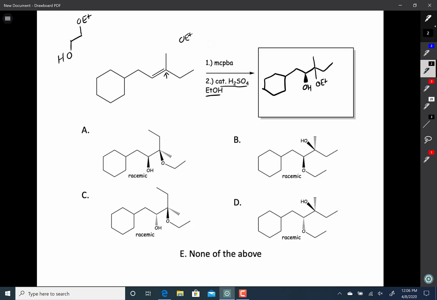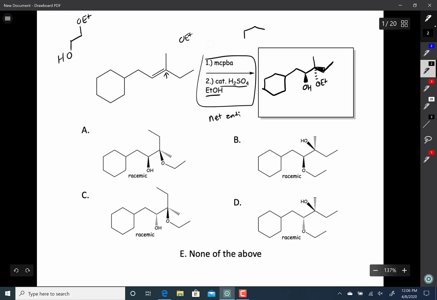Now, let's worry about stereochemistry. If the OH is a wedge, that means the OEt must be a dash, because these conditions add net anti to each other. Now, you could draw it like this. If this OEt is a dash, that means this ethyl group is a wedge.